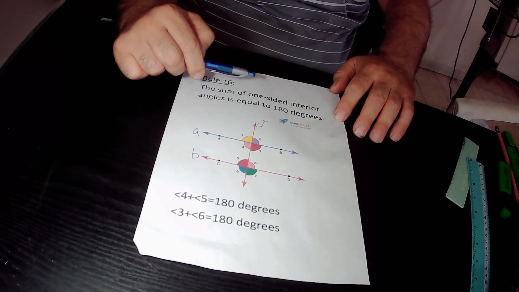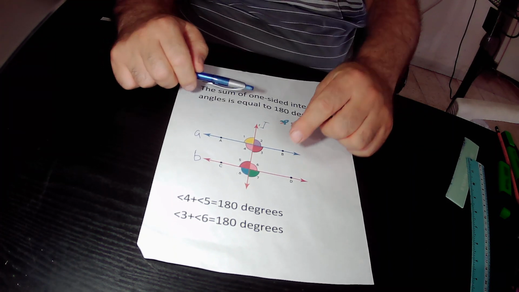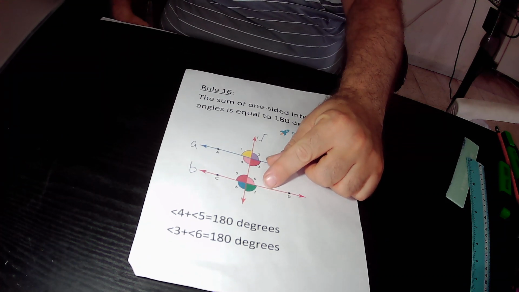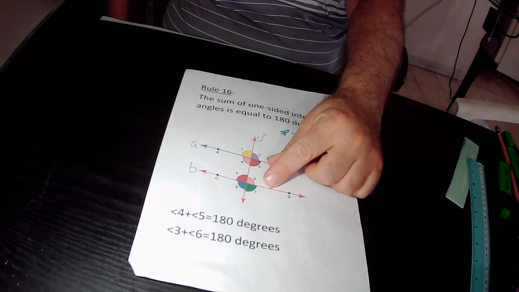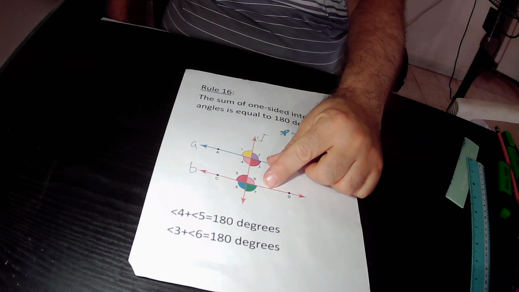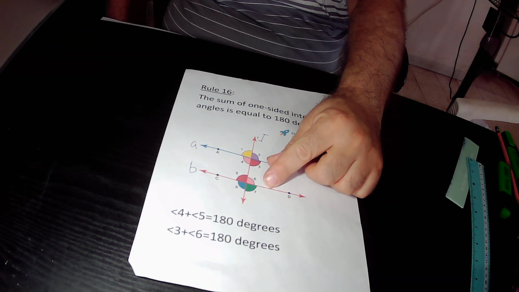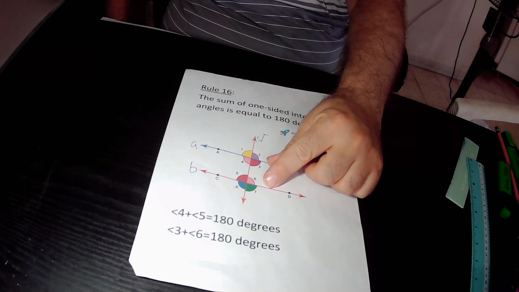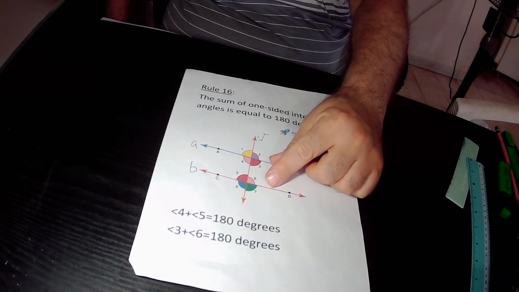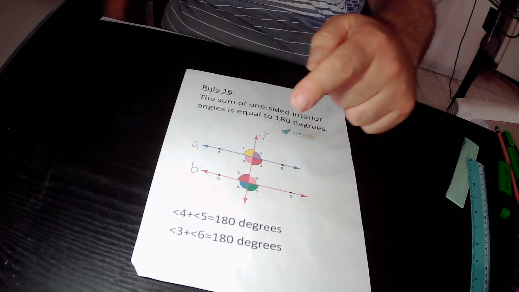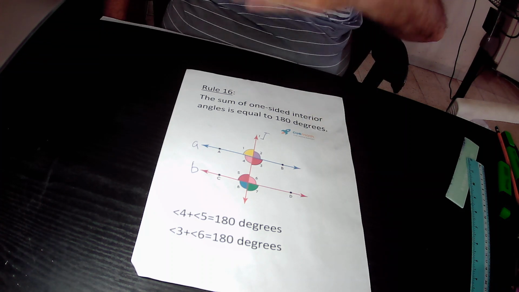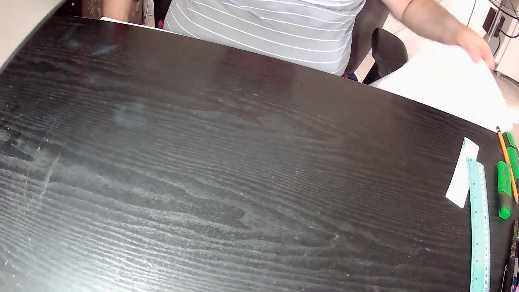Likewise, those two angles 3 and 6 are both one-sided interior angles, and therefore according to rule 16, angle 3 plus angle 6 is equal to 180 degrees. So we can implement rule 16 in our drawing.